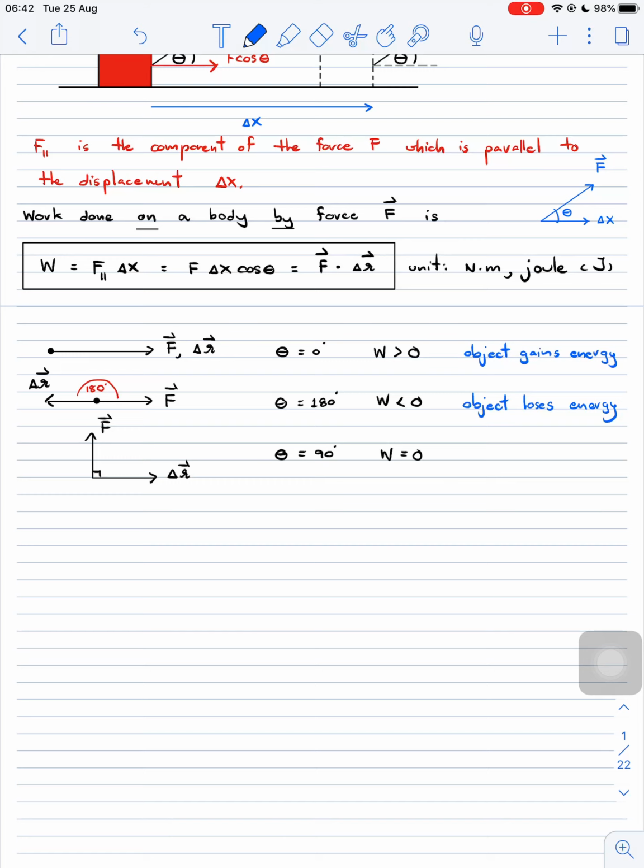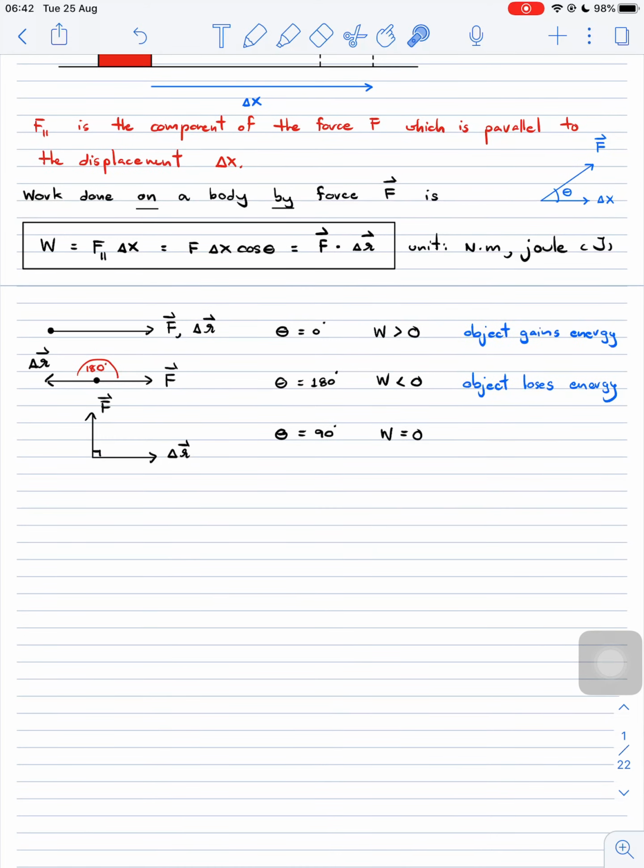If the work done is equal to 0, it means that there's no energy transfer from or to the object.